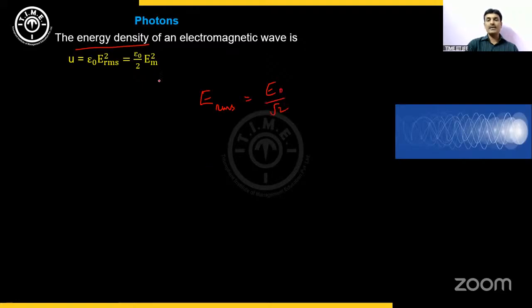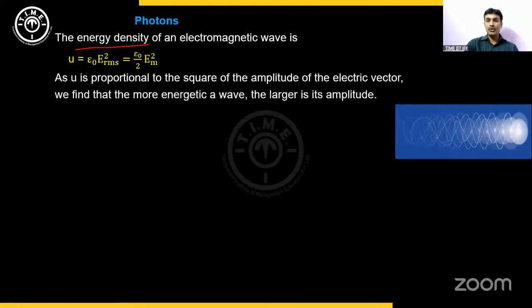Squaring it, it becomes E maximum square by 2. Understood? So E RMS is EM by root 2, and epsilon naught E RMS square is epsilon naught EM square by 2. That represents the energy density, the energy contained by an electromagnetic wave per unit volume.